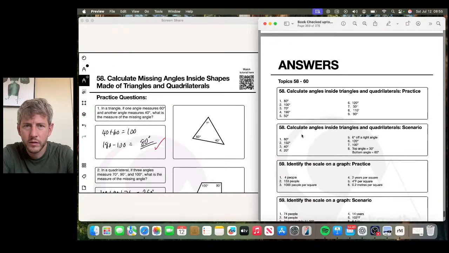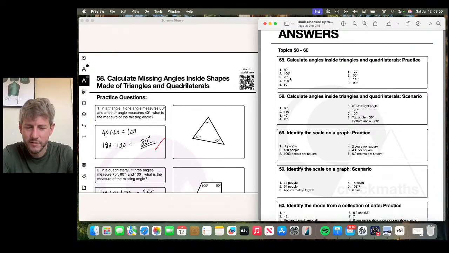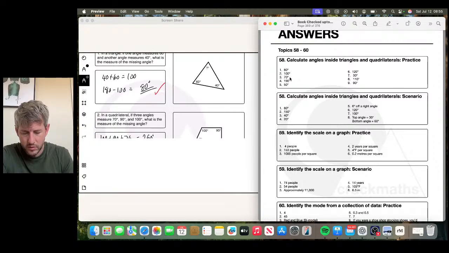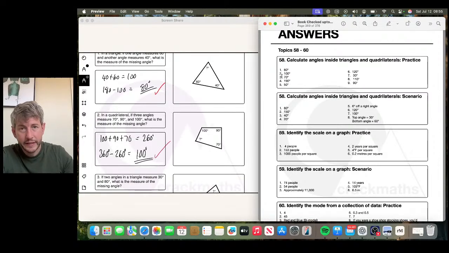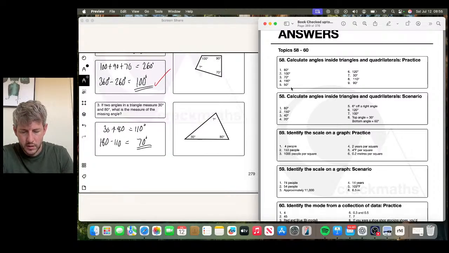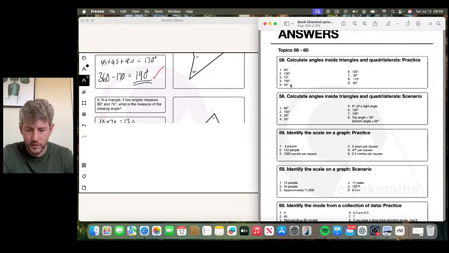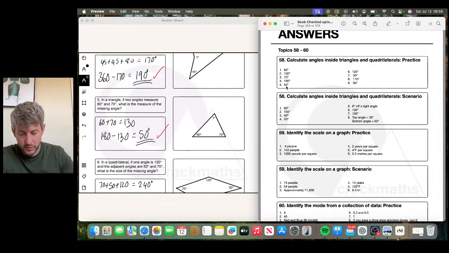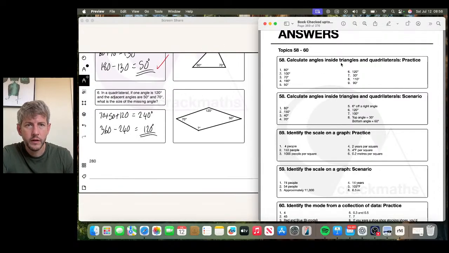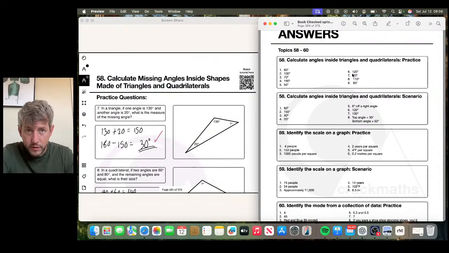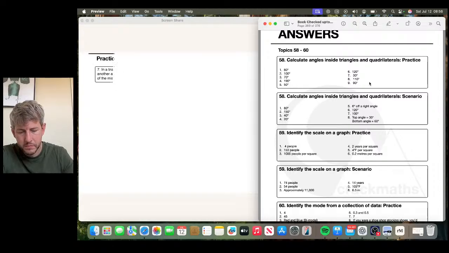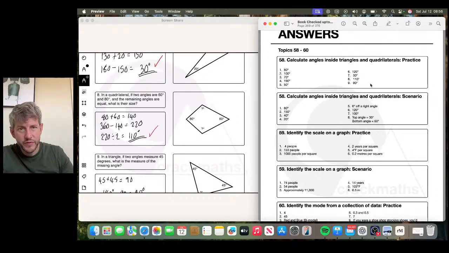So 80 degrees, that's correct for question 1. 100 degrees for question 2. 70 degrees for question 3. 190 degrees for question 4. 50 degrees for question 5. 120 degrees for question 6. 30 degrees for question 7. 110 degrees for question 8.